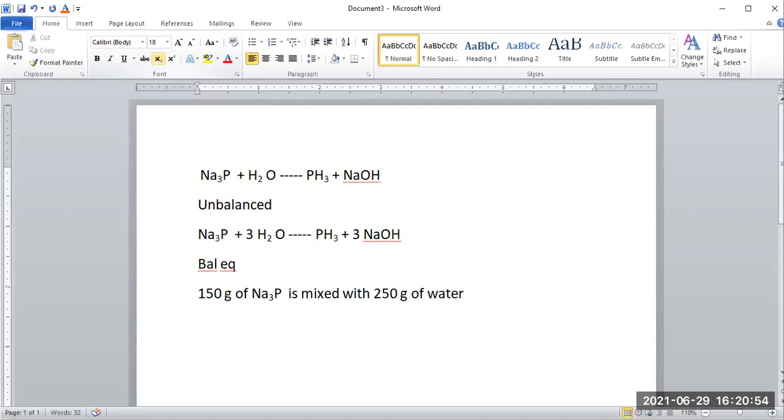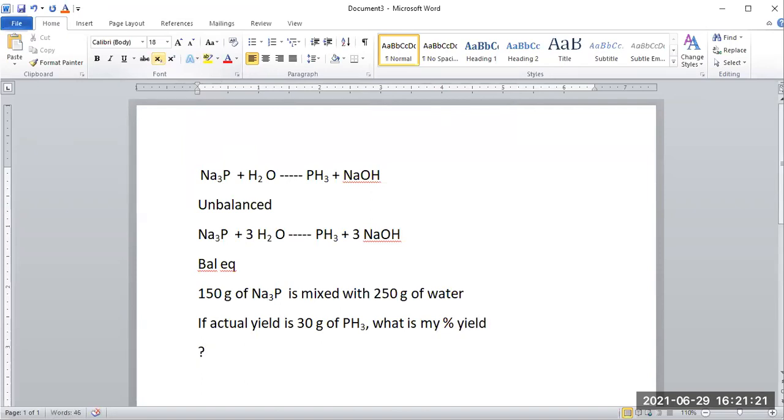And so what I want to find out is if the actual yield is 30 grams of my pH3 molecule, what is my percent yield?